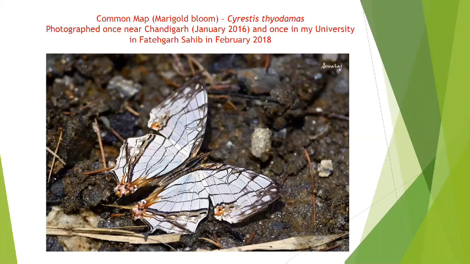There was a map sitting on a marigold. I had never seen a marigold thus far in Punjab. I immediately rang up Peter Smetacek and he told me that common maps are known to go searching for sun in plains also. So they do come. But for me, it was a surprise.